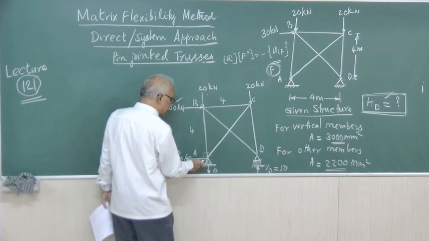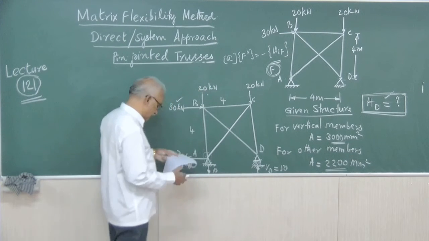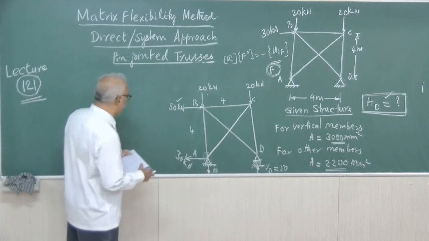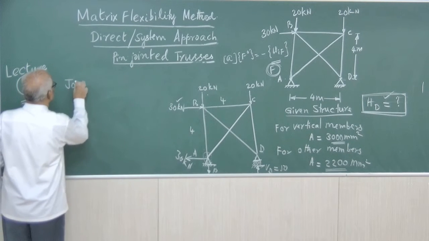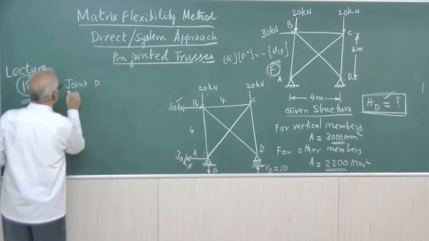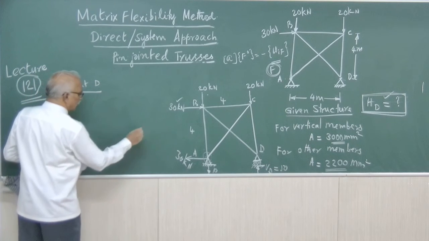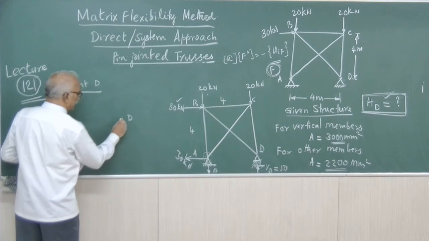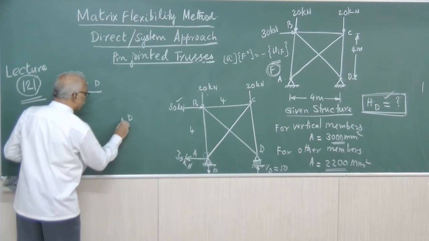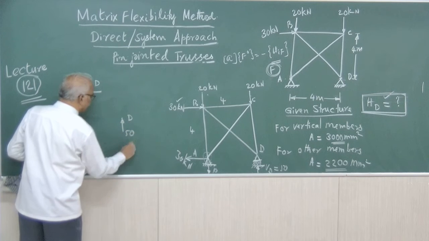Suppose we can take this or we can take this. We can take any joint. Suppose if we take joint D, there is no horizontal reaction. So at joint D, there is a vertical reaction. This value equals 50.